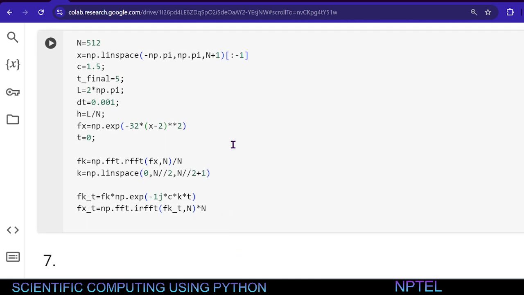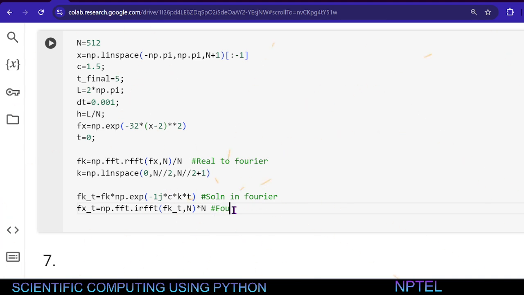So this was real to Fourier, and this is a solution in Fourier space. And then we come back to our home, the real space.